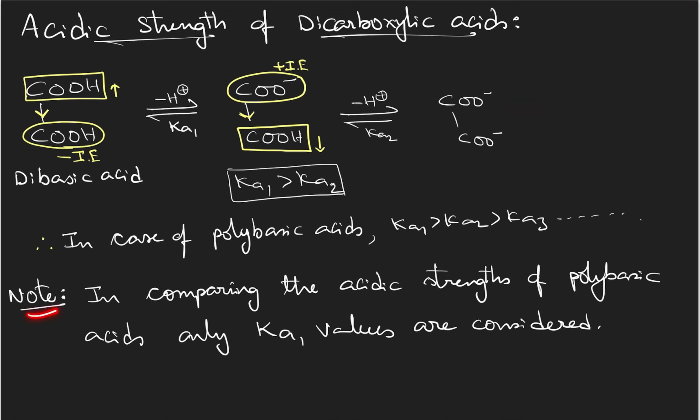So the point we have to understand is that in comparing the acidic strengths of polybasic acids, only Ka1 values have to be considered. By comparing the Ka1 values itself, you can give the overall acidic strengths of polybasic acids, because it is the first H plus ion release which will happen maximum, and after that the acidic strength of remaining groups will decrease drastically.